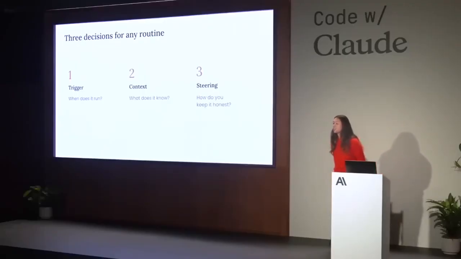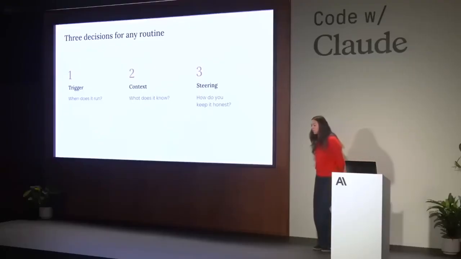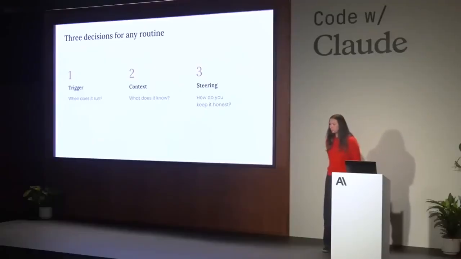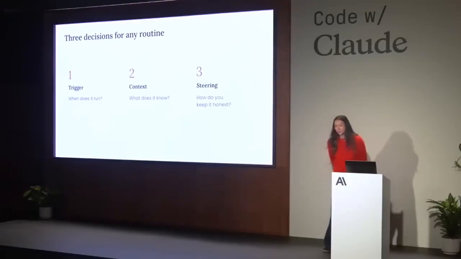Do you need access to certain docs, or does Claude need access to certain tools to ping you? Finally, the last thing to think about is how do you steer Claude in the session to keep it honest? How do you guide Claude to the output that you want? We'll dive into each one of these, and I'll talk through how Sarah, a member of our team, does this to automate documentation creation.